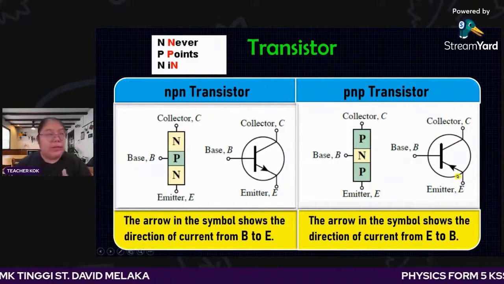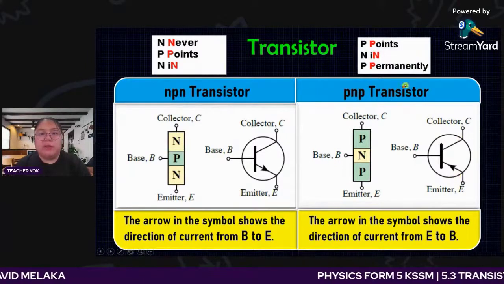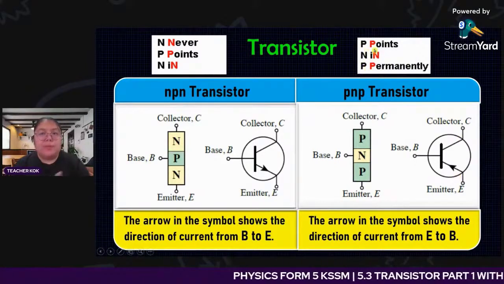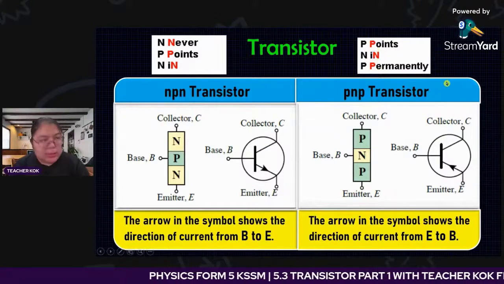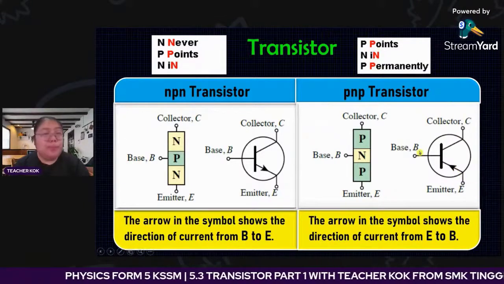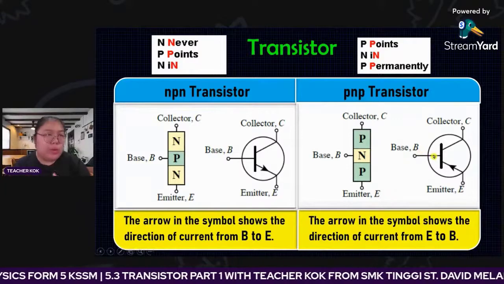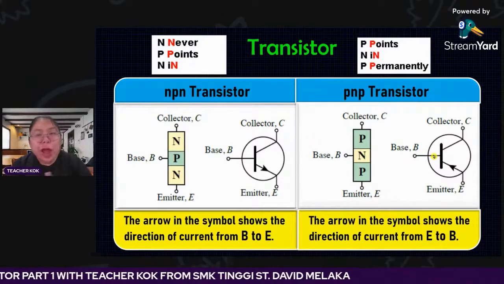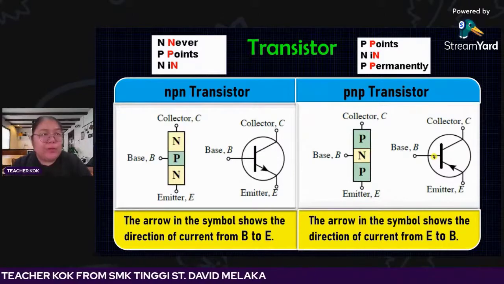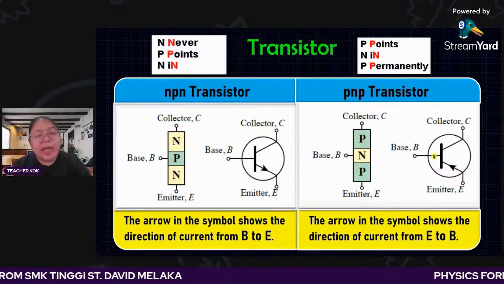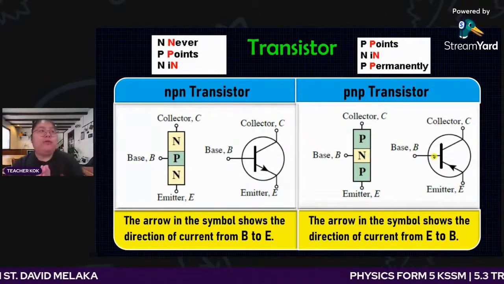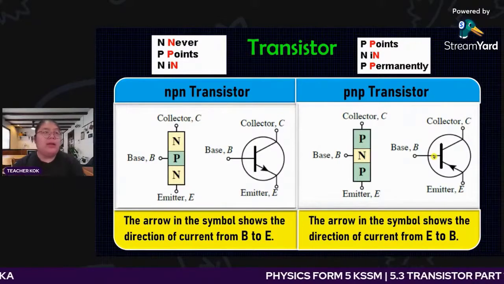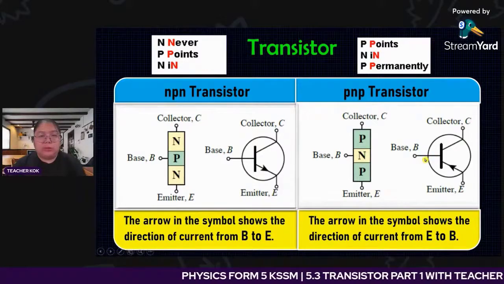Here the arrow is in already, so we call this PNP: point in permanently. Point in permanently, so it will always be pointing in. This is just a guide for you to remember the arrow for NPN and also PNP. Hopefully you understand this part. So I continue to the next.